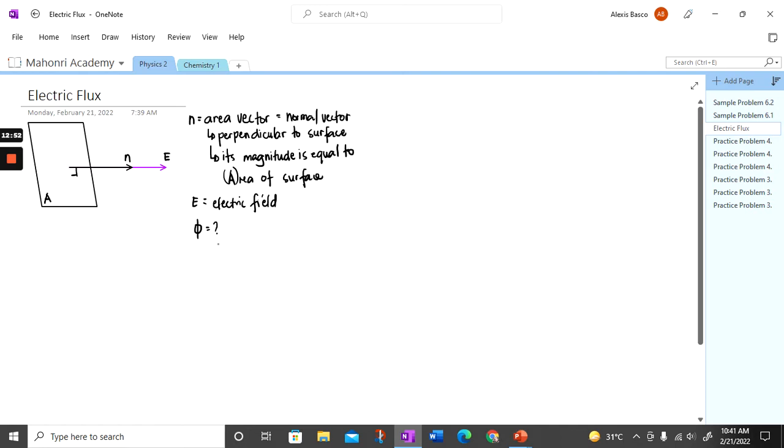Like I've mentioned, electric flux will always be the dot product between your E and N. Usually the equation would be electric flux is equal to E dot product N, but we know that N will always be equal to A, right?